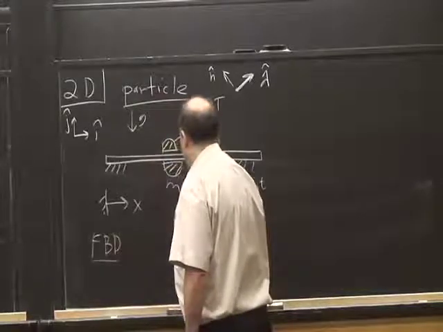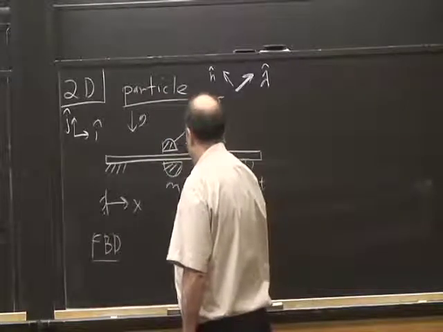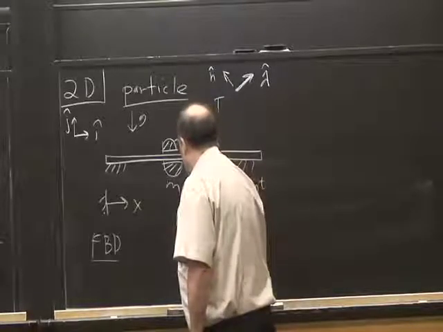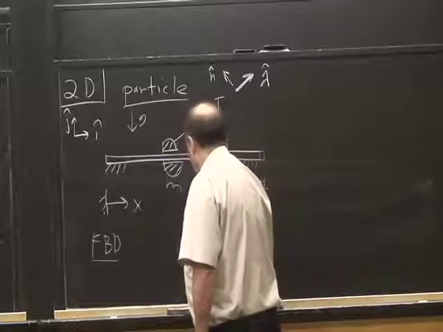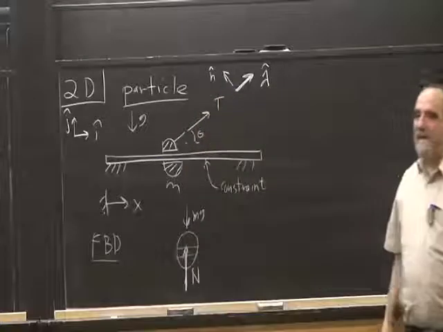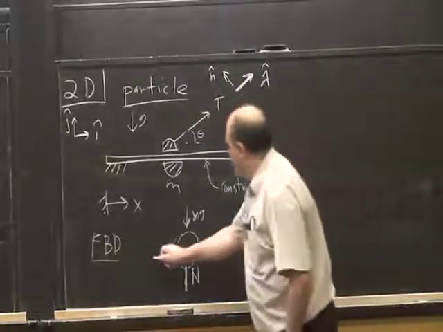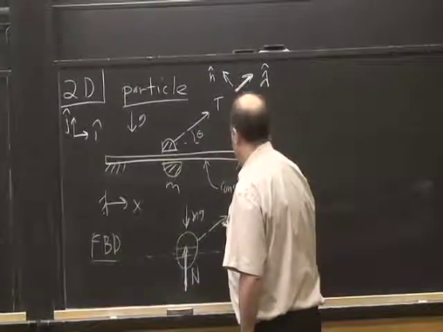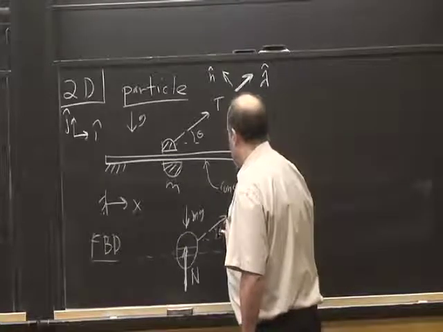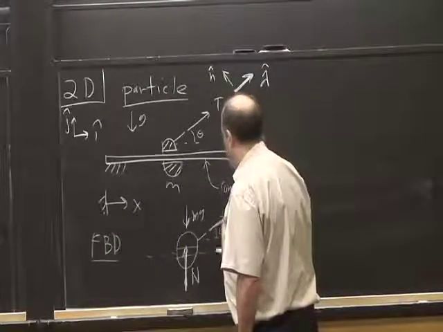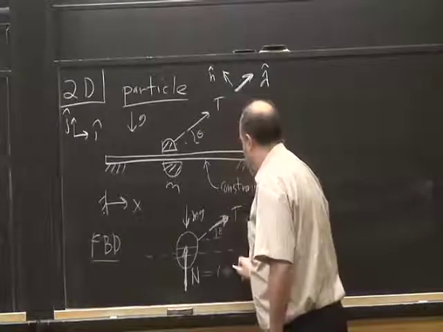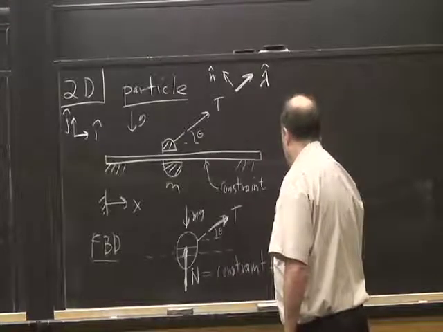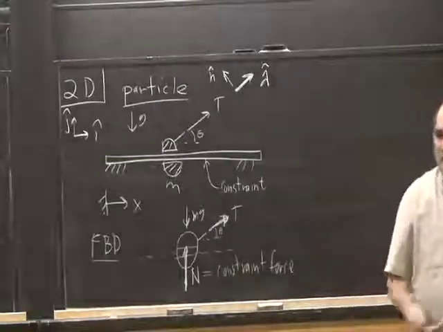We have our bead here, and we have acting on it mg, and we have acting on it some normal force N. Probably that N will turn out to be a negative number, but it's some force which is perpendicular to the rod. And then we also have here some tension force in the direction that is given. So this thing is what we would call a constraint force. It's the force it takes to keep the bead on the wire.